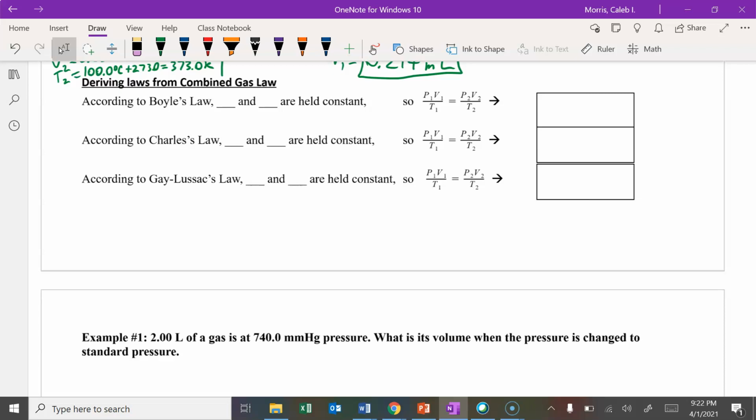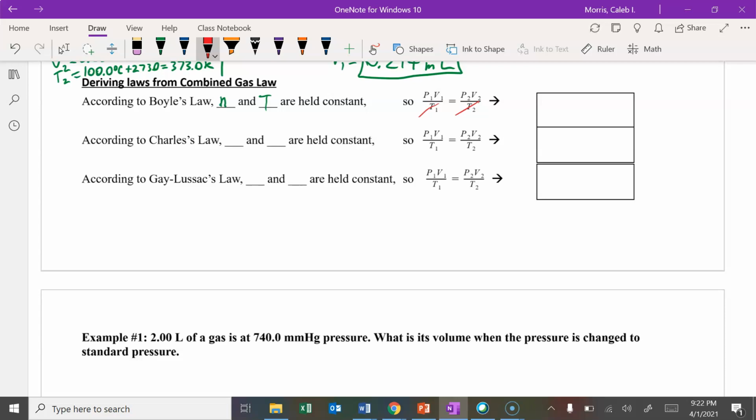So according to Boyle's law, the things that are held constant are the number of moles and the temperature. So that means pressure and volume are the only things that are changing. If the moles and the temperature are held constant, all that's left is P1 times V1 equals P2 times V2.